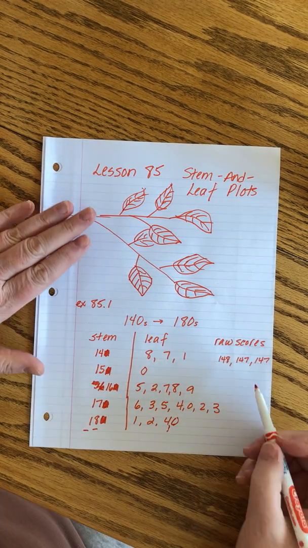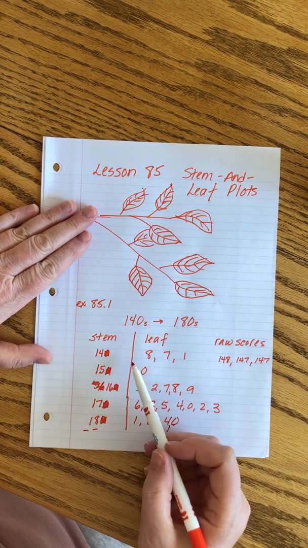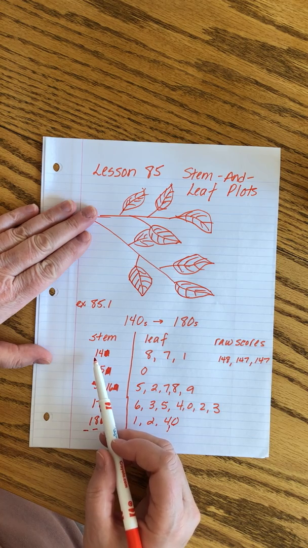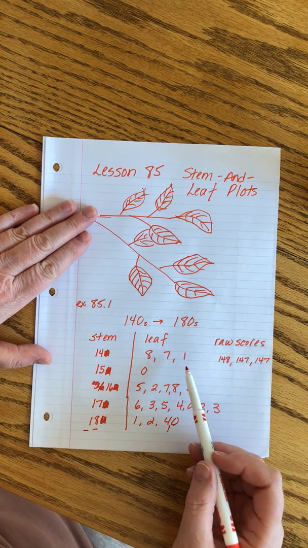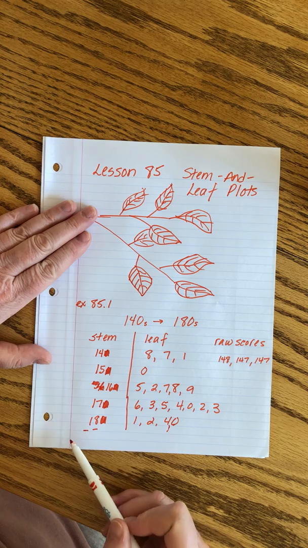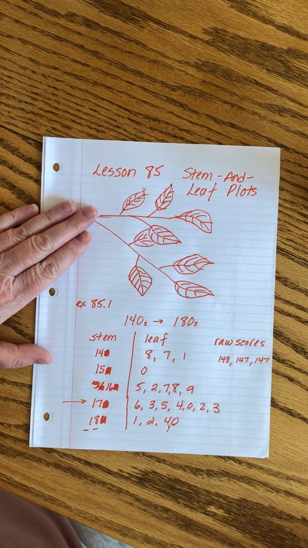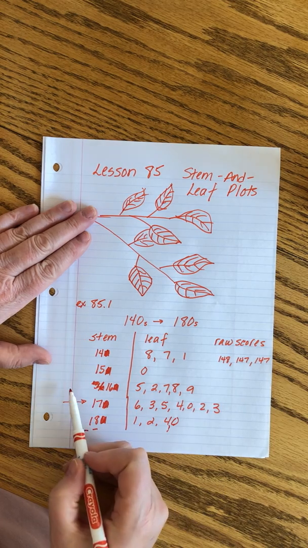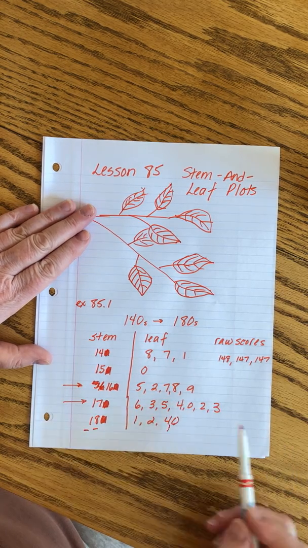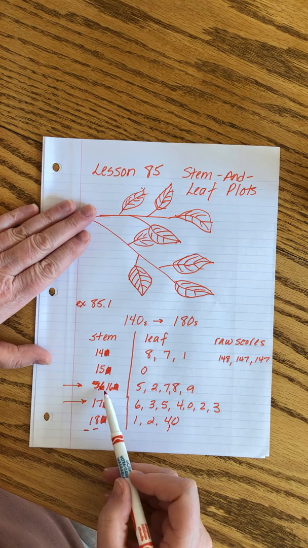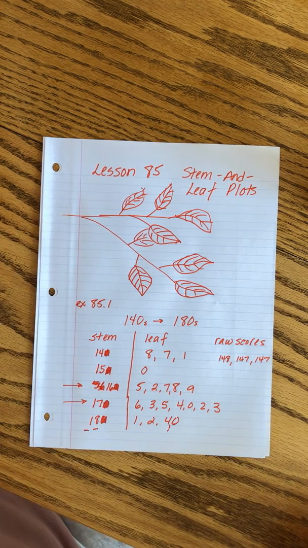So what this does is it takes our raw scores and puts them into a shorthand, I would say, that allows us to glance at these and go, okay, without doing any kind of calculation or counting, I can just see that he hit a lot of balls in the 160s and the 170s, right?